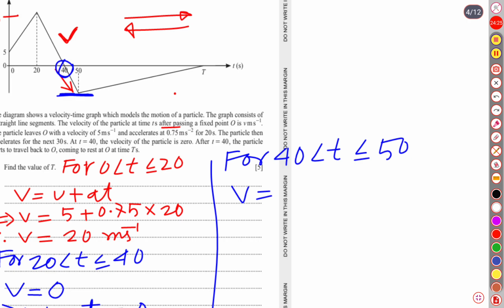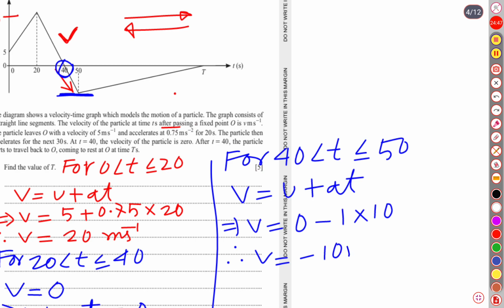So what formula, V is equal to U plus at. So our V is going to be, initial velocity U was 0 and acceleration was negative, already we have obtained, it is -1, and t is 10 seconds. Hence our velocity is -10 meter per second, for which phase? From the time from 40 to 50 seconds.